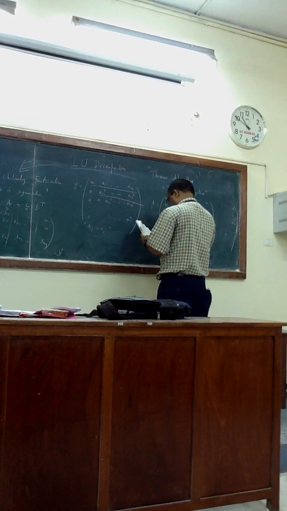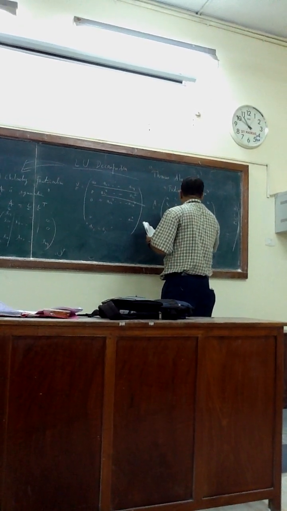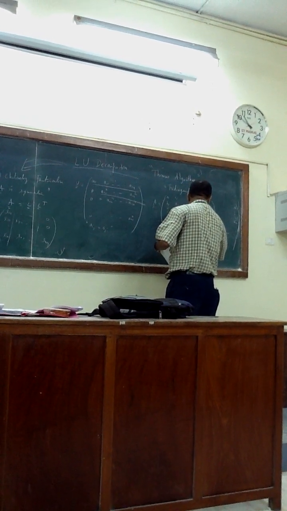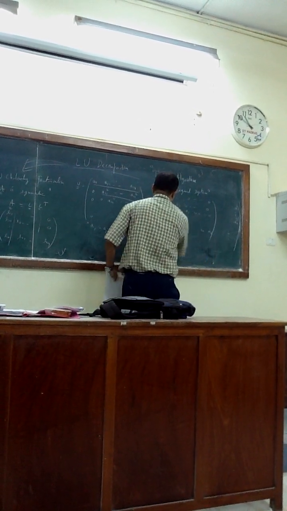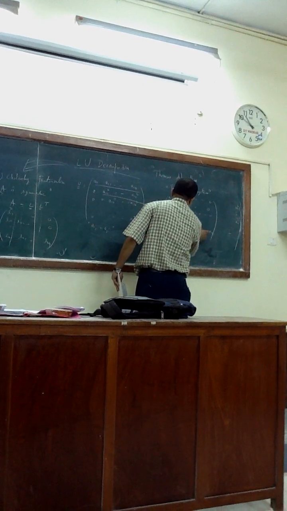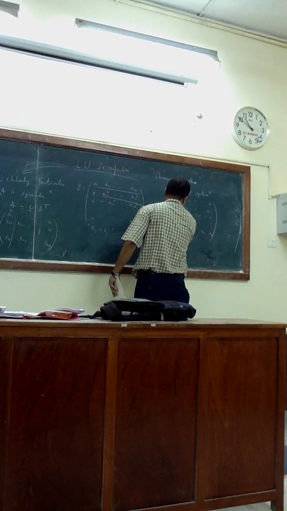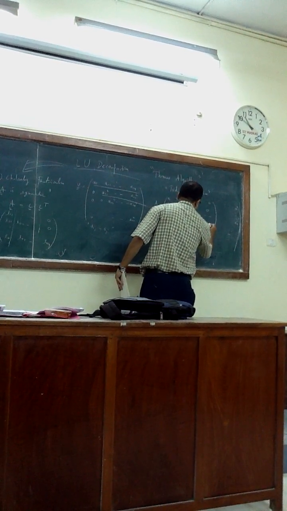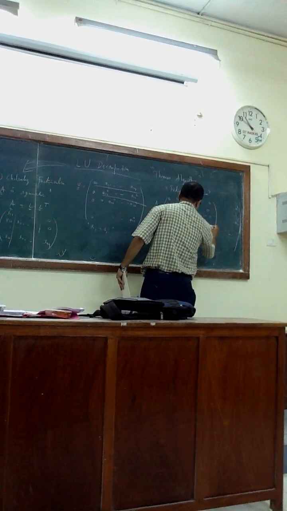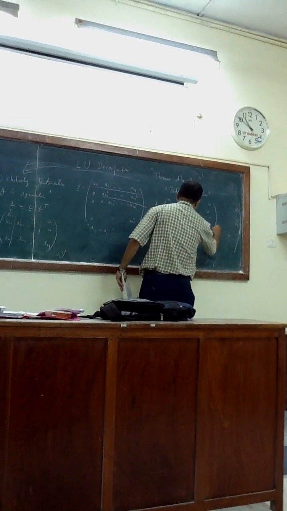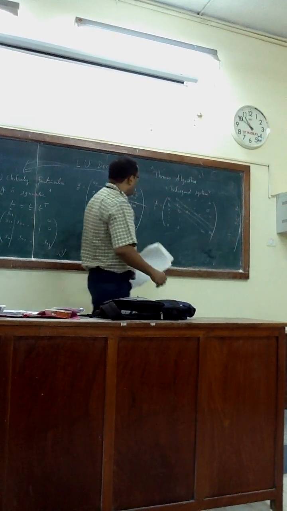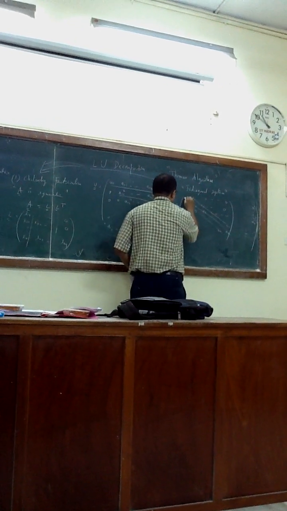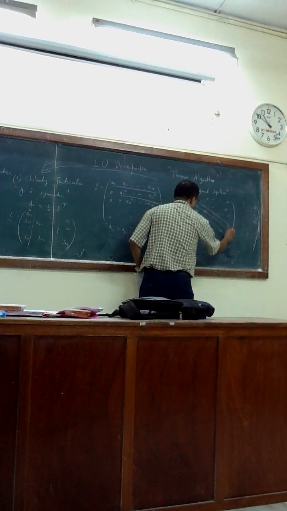Then we have B3, A3, C3, 0. Then all 0, and the last row we have Bn and An. That means this is your subdiagonal, this is your diagonal, and this is your super diagonal. So this is called a tridiagonal matrix.